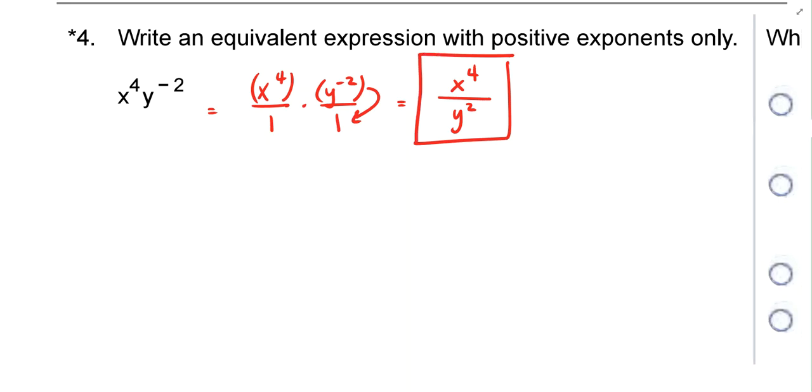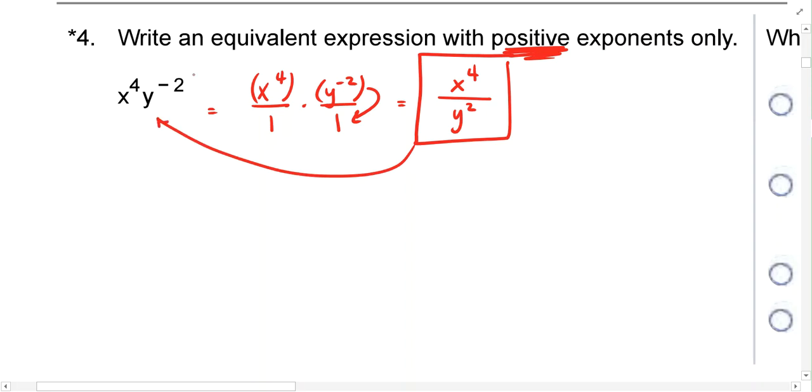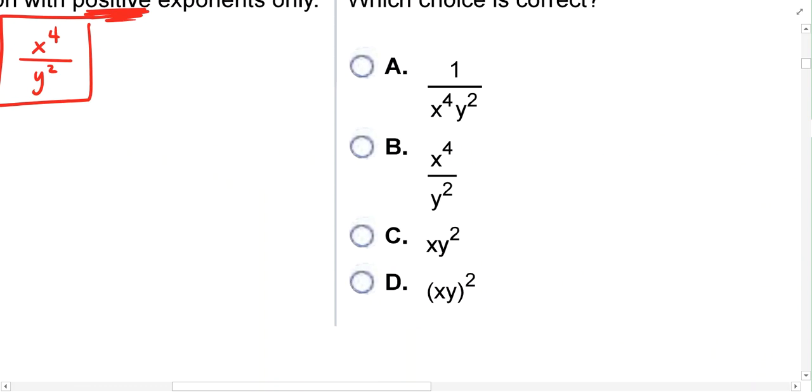And now we've written this equivalent expression with only positive exponents. This expression is the same as the original, and we only have positive exponents. Now this is a multiple choice question, so in this case, after doing the work, I would select option B.